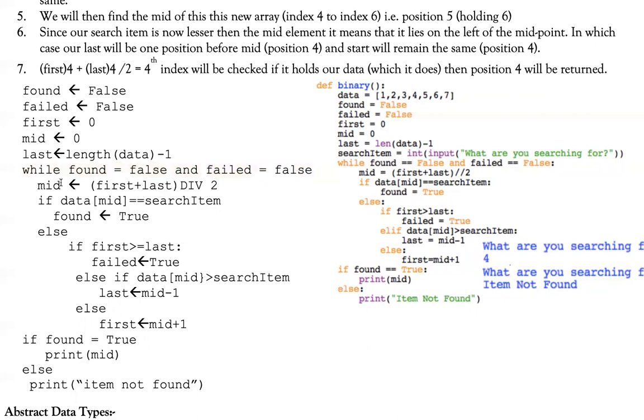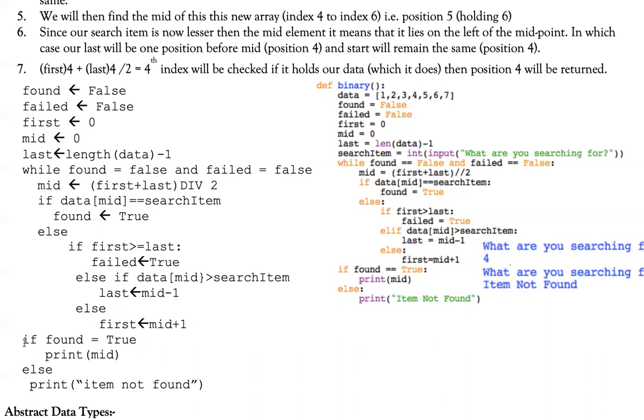So when I enter the loop, what I do is take the first plus last, divided by 2. We just discovered that. That's the first time we divide it. If the data in the mid item is equal to the search item I'm looking for, then found is true. So I will simply exit this condition, and the next time I check this loop, before starting the iteration, found will have true in it, in which case the entire while condition will become false, and I will exit the loop.